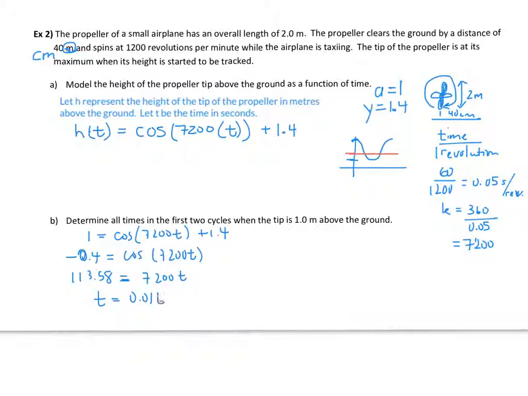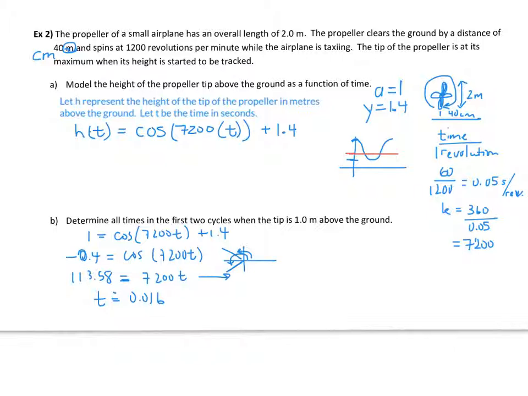0.016 roughly, approximately that. Okay, cos is also negative in the third quadrant, so by CAST, cos 113.58 would be here, and we could have it also this way to here. So to get that answer, I'm just going to take 360 and subtract that 113.58.